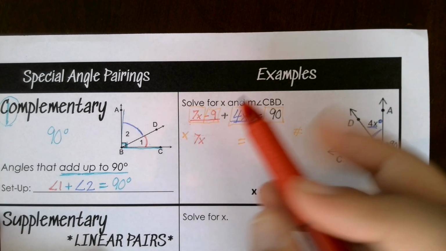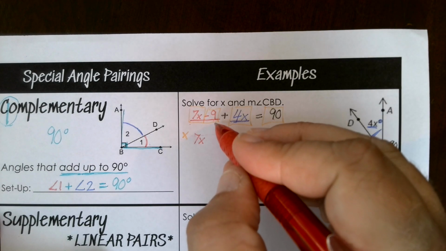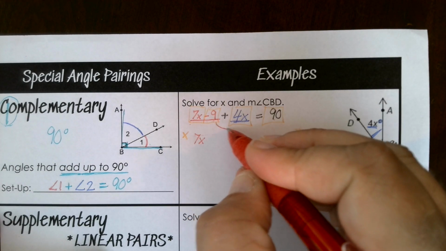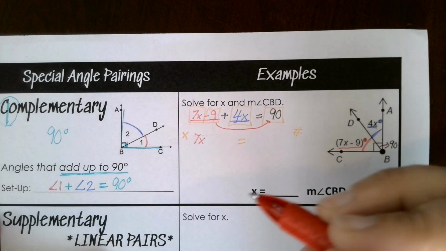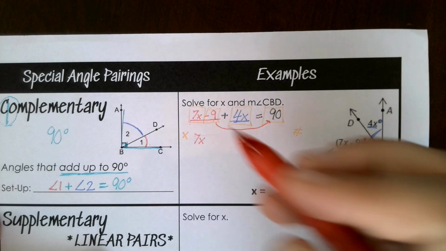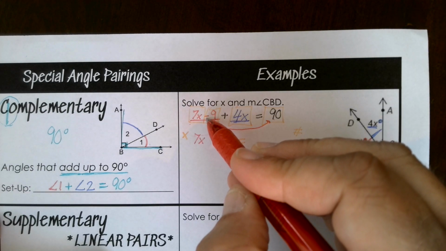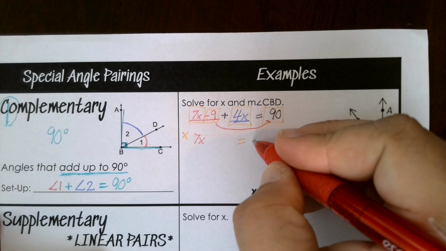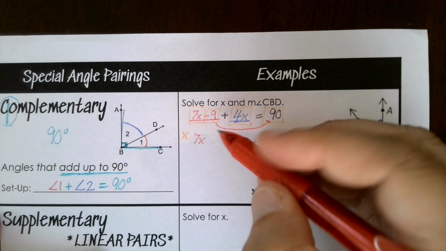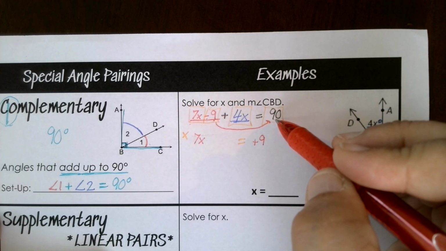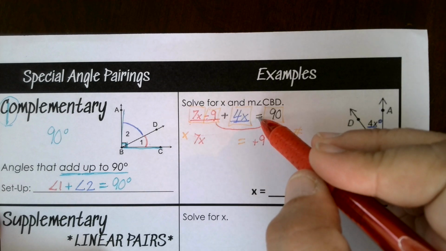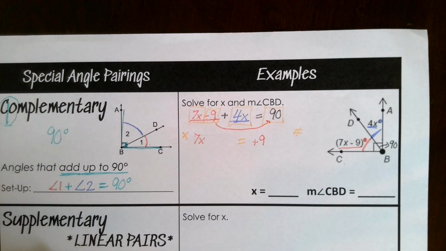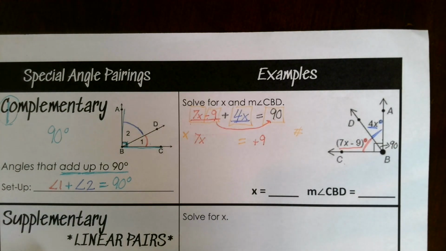It's on the left, it needs to move to the right. If it's moving from one side to the other, you have to change the sign. So it goes from being a minus 9 to, when I move it to the right, a plus 9 now. It has to go with the numbers, and since it goes from one side of the equals to the other, it changes its sign.